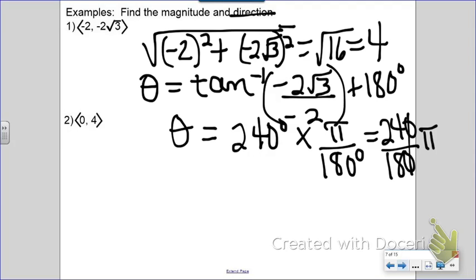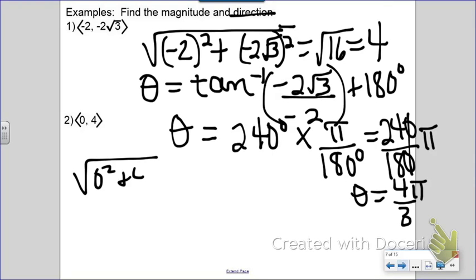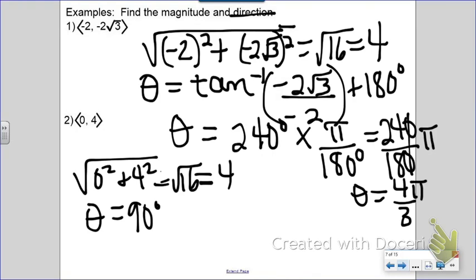Then reduce our fraction. This is divisible by 6, 240 gives 4, and 180 gives 3, so 4 pi over 3. Then for part 2, we find the magnitude, square root of 0 squared plus 4 squared, the square root of 16, which again is 4. When x is 0 and y is positive, theta is always 90 degrees. We know that 90 degrees is pi over 2.